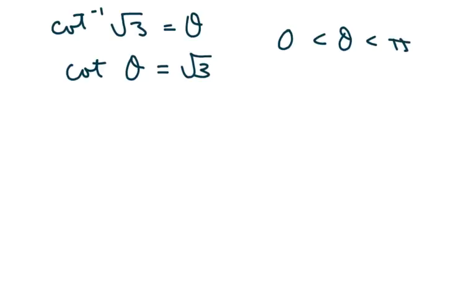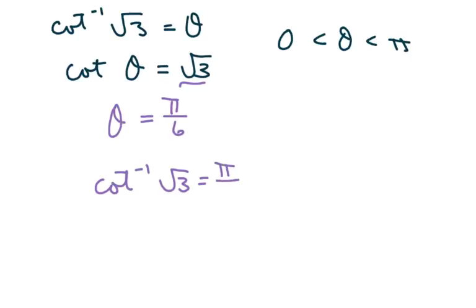So I can only pick in quadrant 1 and 2. In quadrant 2, it'll be negative. Since this is positive, we pick the answer in quadrant 1. So my theta is pi over 6. So technically you could say inverse cotan of square root of 3 equals pi over 6. Just one answer on these inverses.